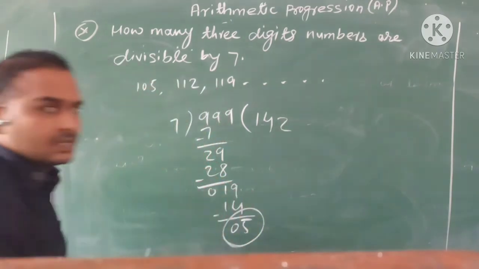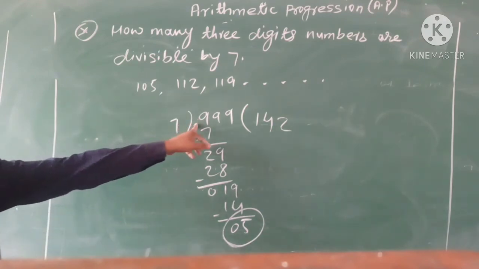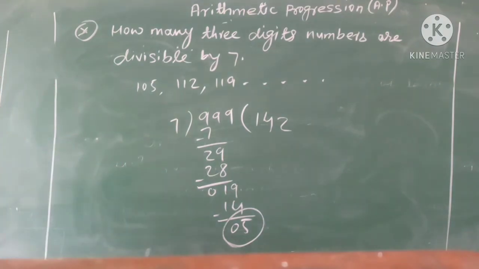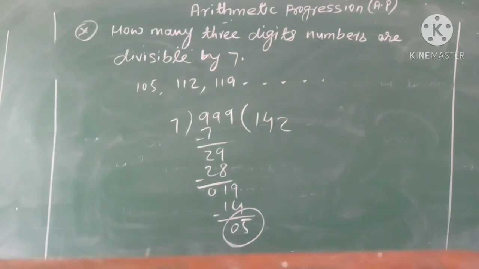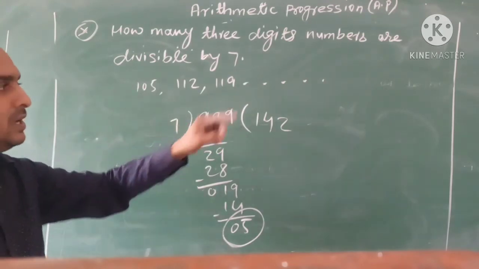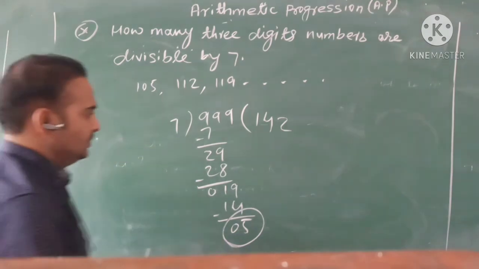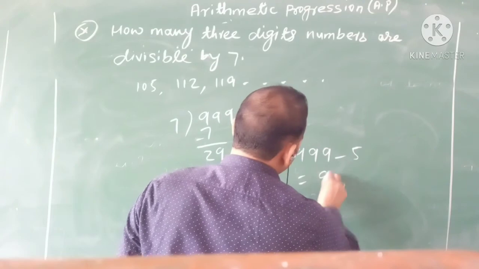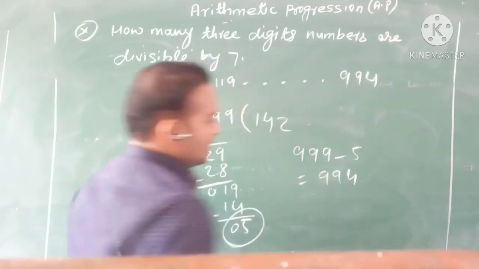Here 5 is the remainder. So 999 is not divisible by 7 because we get a remainder of 5. That means if we subtract 5 from this number, we will get a number divisible by 7. That is 999 minus 5, that is 994, is divisible by 7.